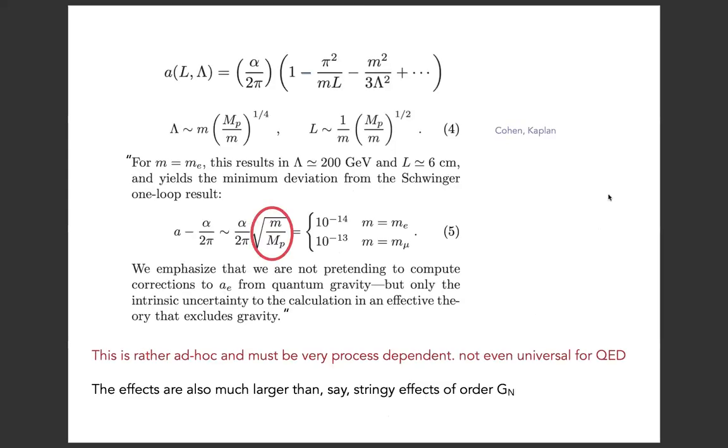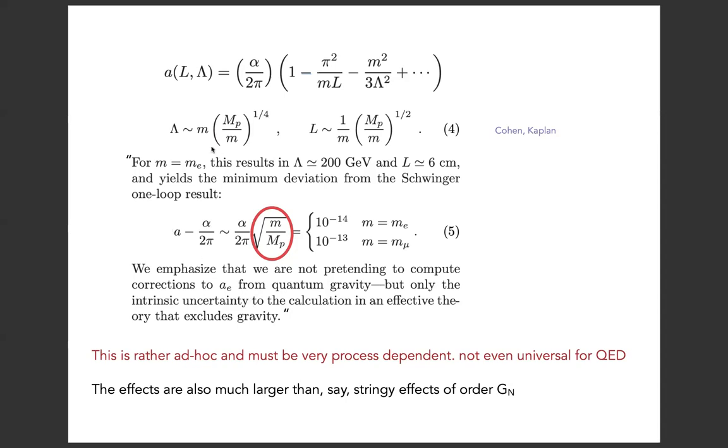So you plug that relation into this formula, and I've taken a screenshot from the recent Cohen and Kaplan paper, and you get these funny scalings for the UV and IR cutoff if you take this extremization seriously. They say, we're not pretending to compute corrections to electron g-2 from quantum gravity, but only an intrinsic uncertainty in the calculation in an effective theory that excludes gravity.